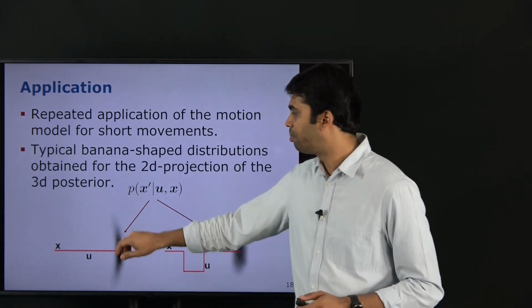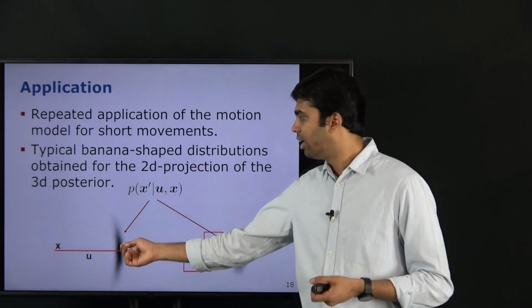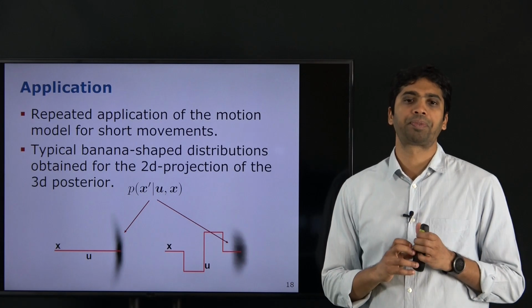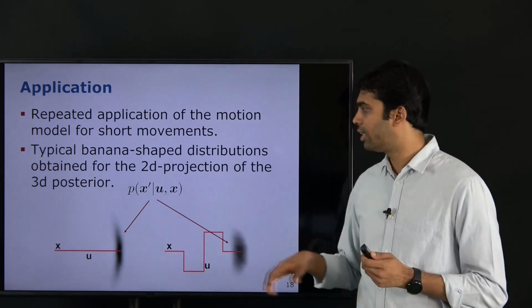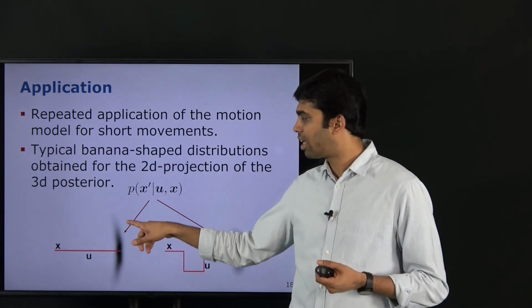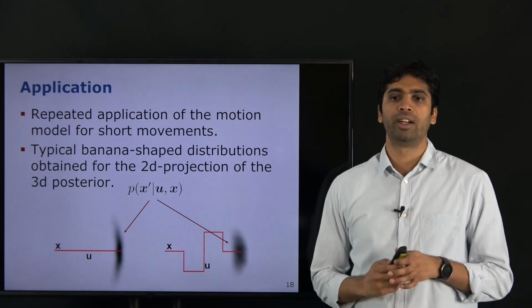Here, of course, it's plotted in 2D, but in practice it's a 3D case where you have the x, the y, and the orientation. This is one kind of representation, also sometimes called the histogram representation, because we discretize our world and have one probability for each grid cell in the world.